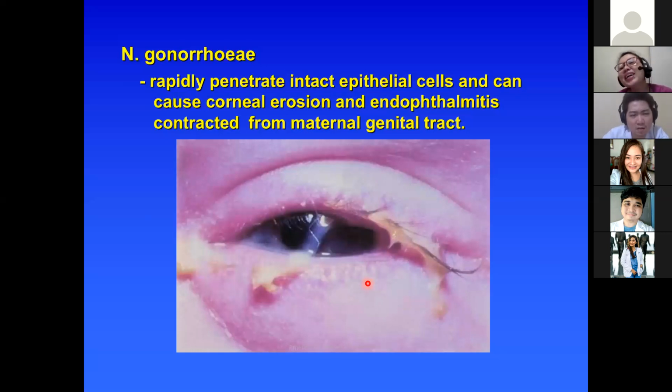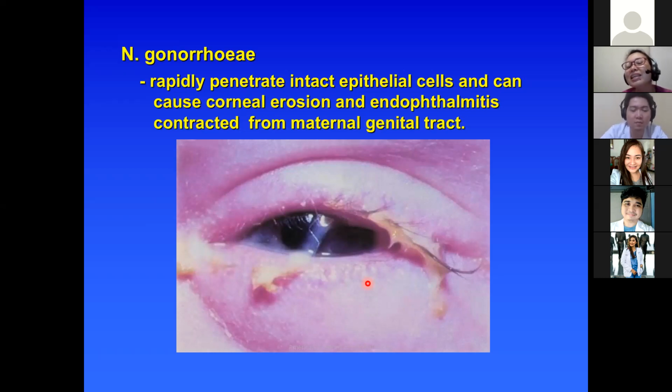Not all bacteria can penetrate an intact cornea. Remember that the corneal barrier, the epithelium, is a very effective barrier for infection. There are only few bacteria that can, and one of them is your Neisseria.